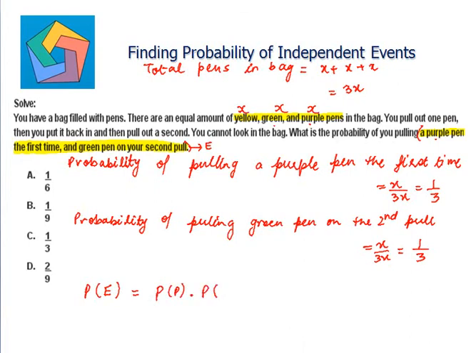Let me say this is event P, probability of P, and this is probability of G. So this is equal to 1 by 3 times 1 by 3, which is equal to 1 by 9, which is the answer in the B part.